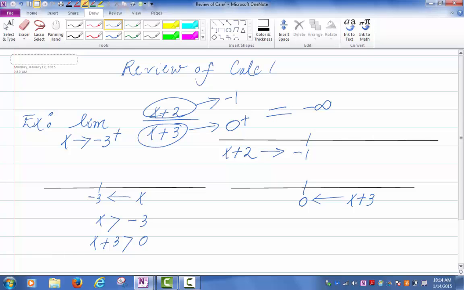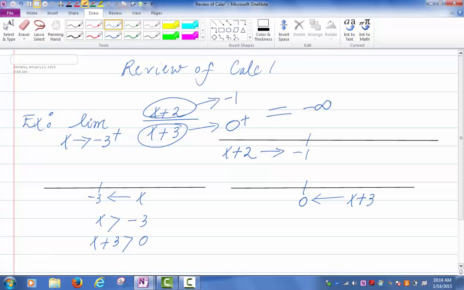Always remember what I said in Calc 1, because not everybody was in Calc 1. Whenever you have a fraction, if the limit of the numerator is non-zero and the limit of the denominator is 0, then the ratio has limit plus or minus infinity. Is it plus? Is it minus infinity?